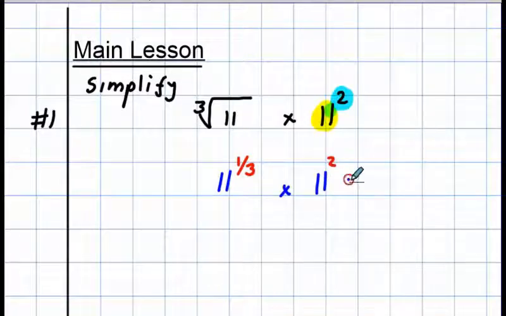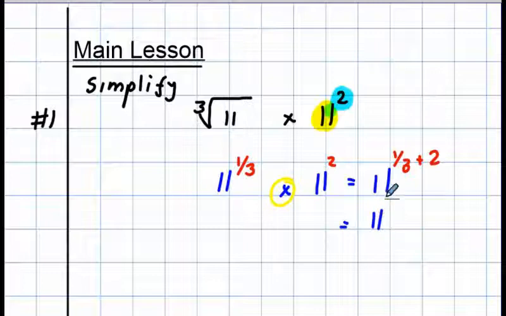Now here's my tip. I don't know if I mentioned it the other time. Just in case you make any mistakes, write down how you're going to calculate the final power. Because you multiply, and the two numbers have the same base, you're going to add indices. And then 1/3 plus 2 is 7/3, so 11 to the power of 7/3.